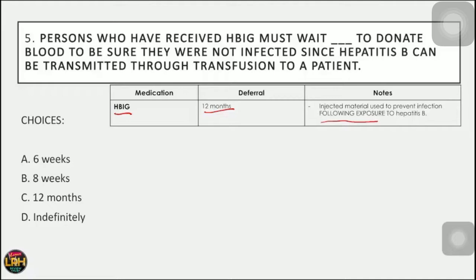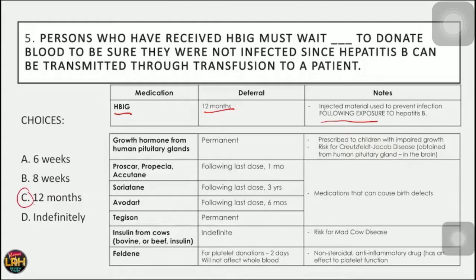This is to ensure that the donated blood will not cause hepatitis B infection to the patient after transfusion. So for number 5, the answer is letter C, 12 months.